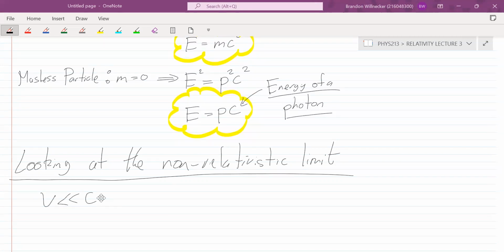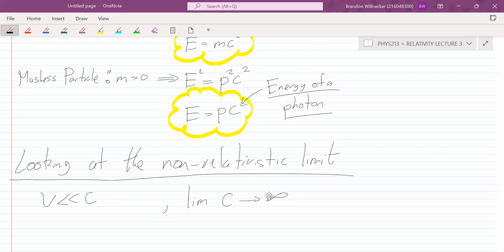You can either look at it like that, or you can also think of it as the limit as c goes to infinity. In other words, if you imagine that light propagates instantaneously.